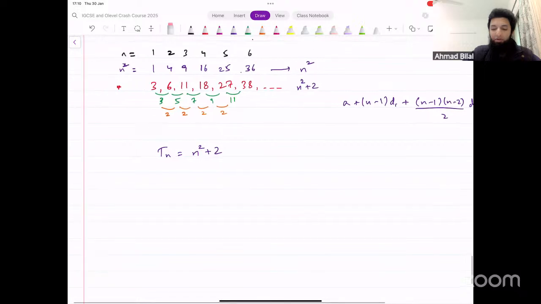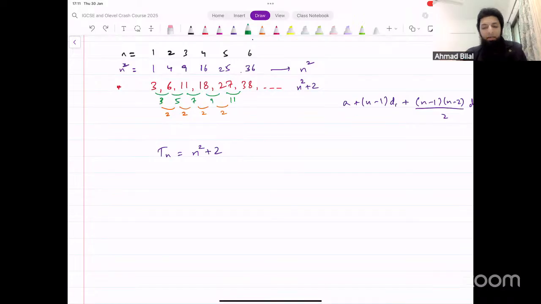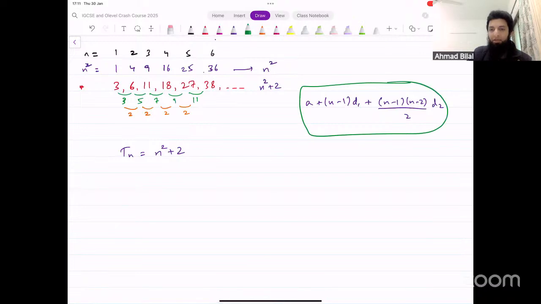Sometimes you have to recognize the pattern that is there in the question itself. So when they make you do this, you should be able to recognize that you're just adding 2 to each number to get the second sequence. If you're not able to figure that out during the exam, then this is the backup that you should know about, and that is this quadratic sequence formula. In that case, you could just use that.